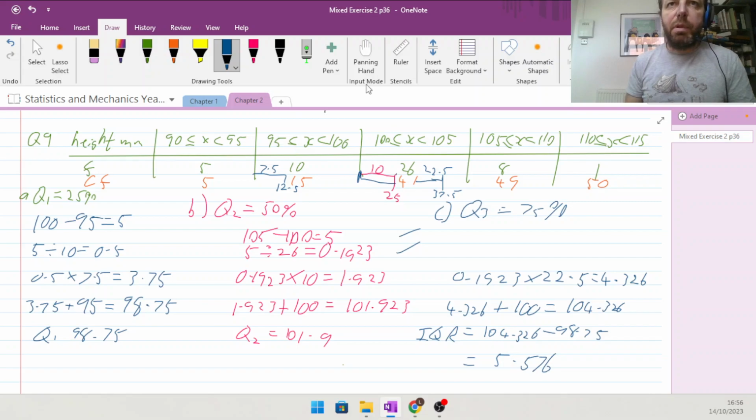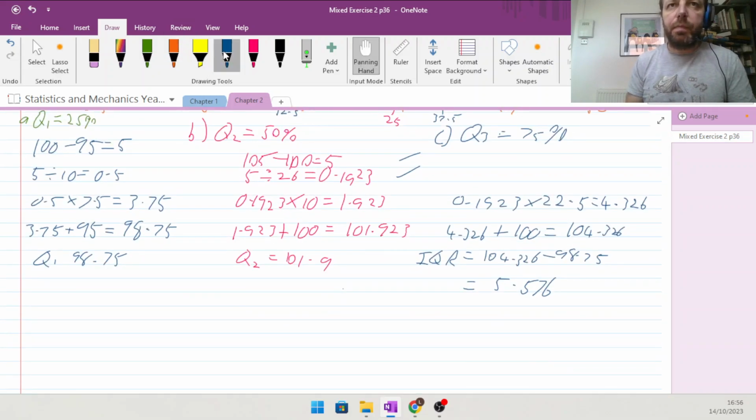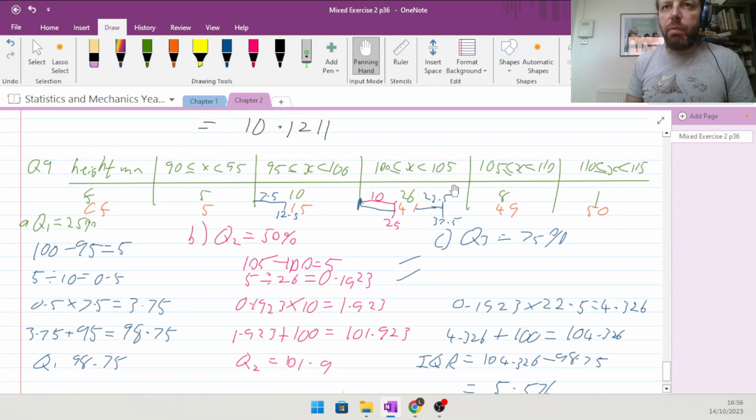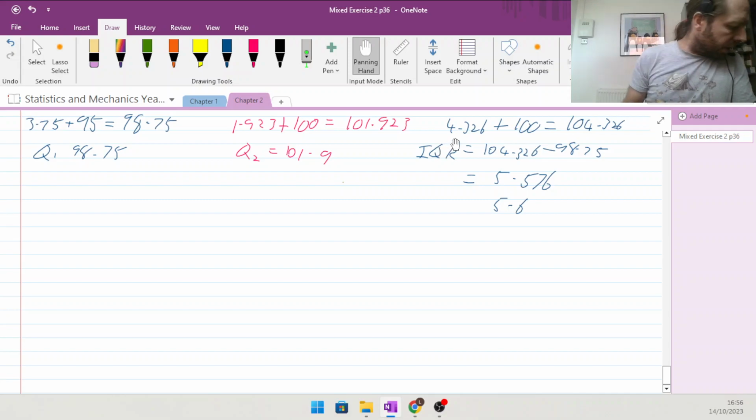Let's call it 5.6. They've done some of the work for us there, just because Q3 was also in this class interval. Right, there's part C.